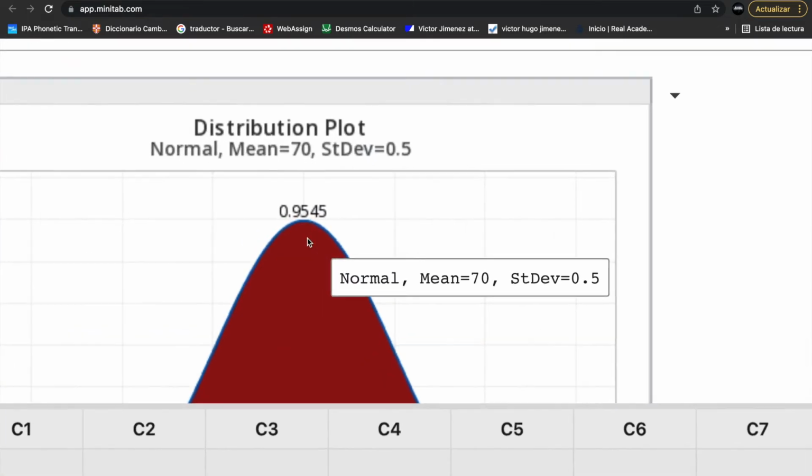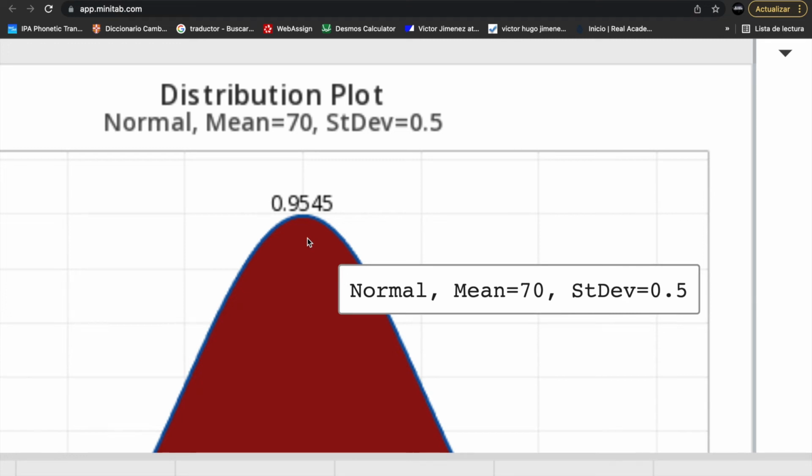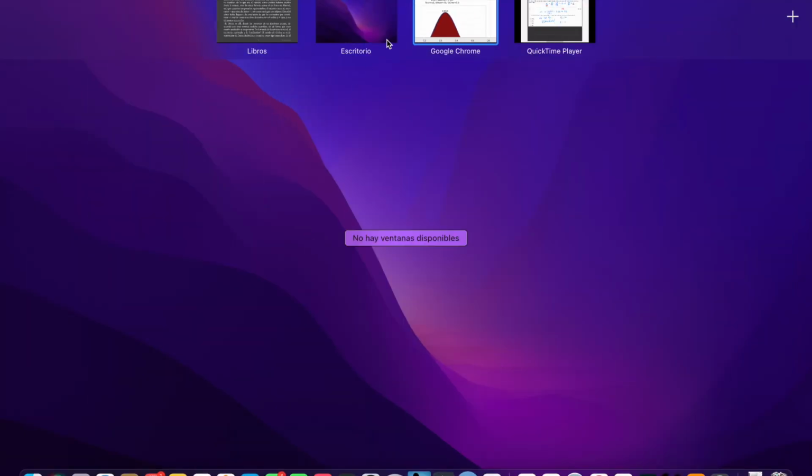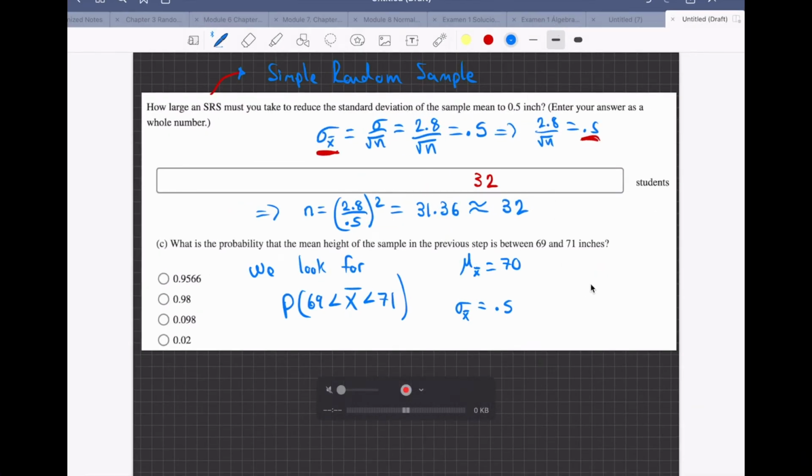And the value you will have is 0.9545. Let's go back to the notes. So this value is 0.9545, but again, Achieve doesn't have the exact answer. The answer from Achieve is supposed to be this one, 0.9566. So this one is from Achieve.